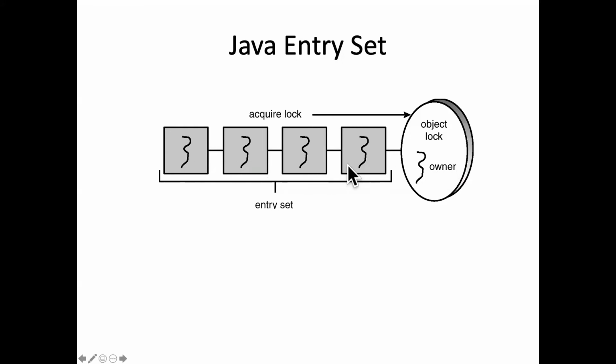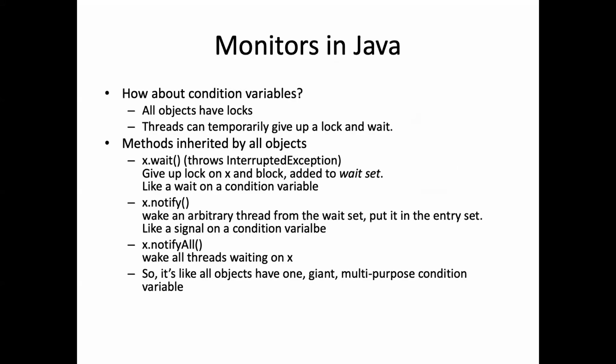All right, so we know how to build a monitor where we get mutual exclusion. It's almost trivial in Java. But we need one more thing to solve larger synchronization problems, and it's the same thing we talked about before. We need something like a condition variable. And Java has something like a condition variable.